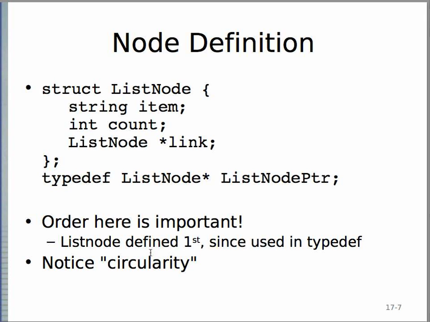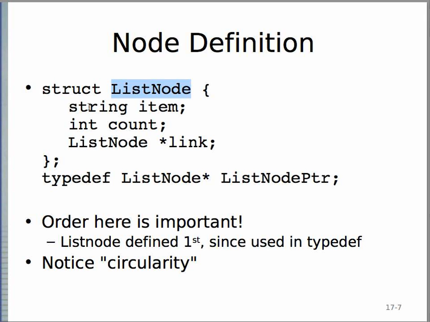There is this circularity or recursiveness in this data structure, and actually these kinds of data structures are called recursive data structures. Normally with other things we don't see this. We don't see, let's say, a class or a struct of type X with a data member that's either a pointer to or the same kind of thing.